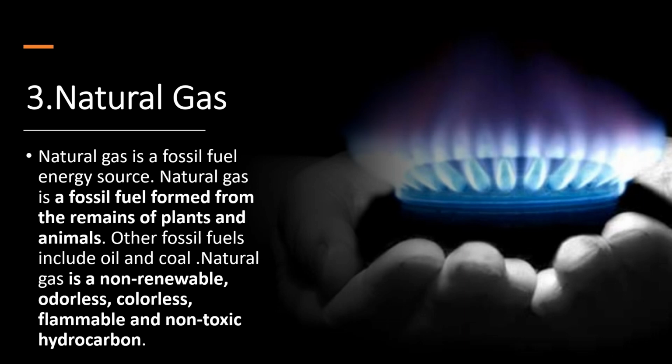Number 3 is natural gas, which is a fossil fuel energy source. Natural gas is a fossil fuel formed from the remains of plants and animals. Other fossil fuels include oil and coal. Natural gas is a non-renewable, odorless, colorless, flammable and non-toxic hydrocarbon.